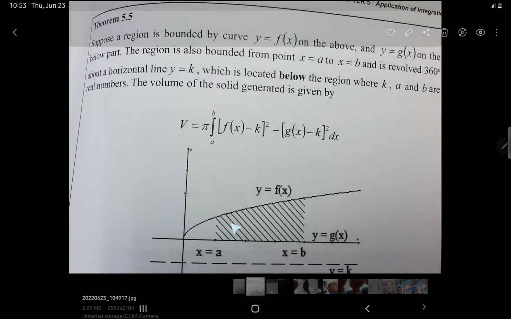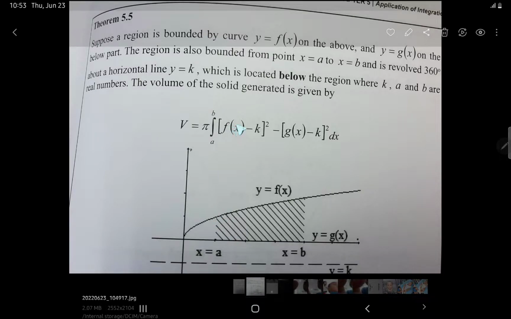Shaded region dia adalah di sini, and then kita nak pusing dia 360 darjah dekat paksi yang ni. So dekat sini ada ruang. You all boleh bayangkan kalau kita pusing 360 darjah, dia akan jadi solid yang ada lubang kat dalam dia.